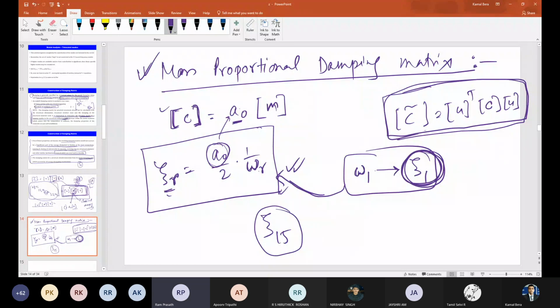So yes, sir, we can find. How will you find out? Since C equals A naught M, the 15th diagonal element, we can equate it: 2 omega r zeta 15 will be that value, or else from this, if you know omega 15, we can find. Yeah, that is right. You can directly find out from this expression.